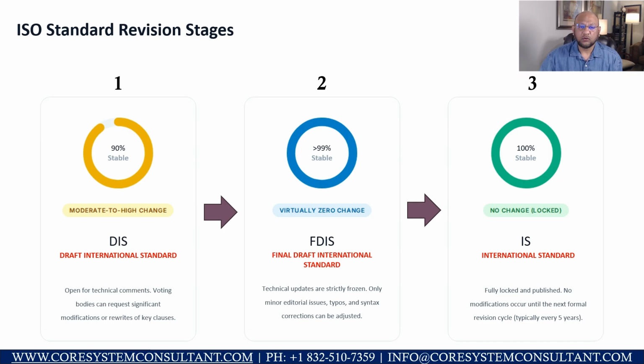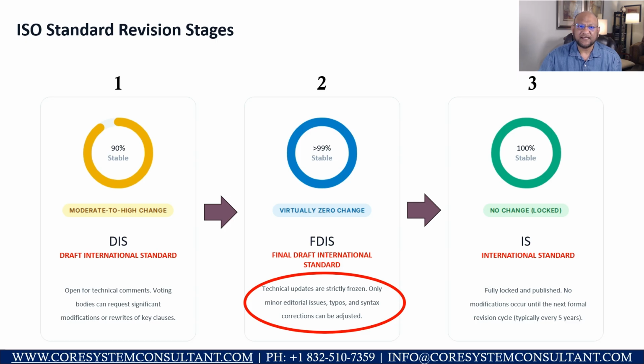The only change we are expecting from the FDIS to the IS, which is the International Standard, will be typographical errors, syntax errors or grammatical mistakes, but there would not be any change in the concepts.